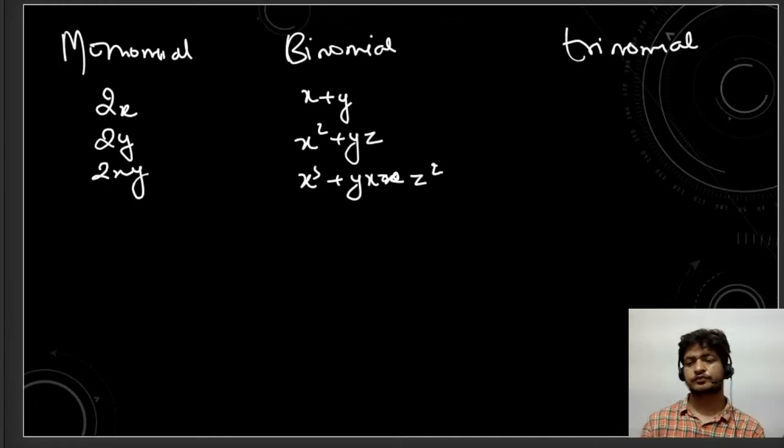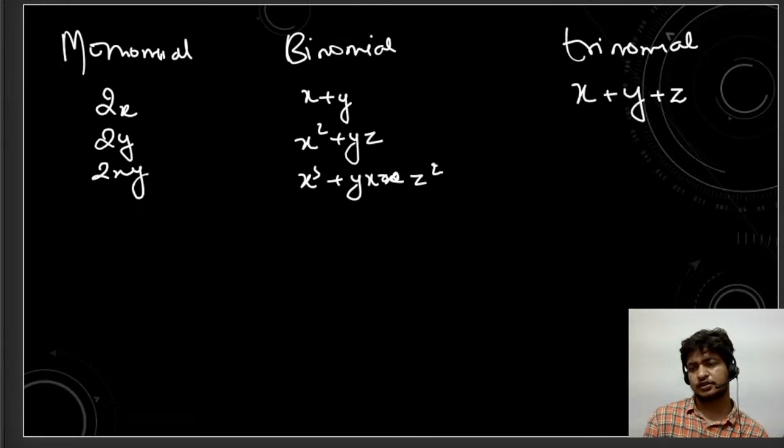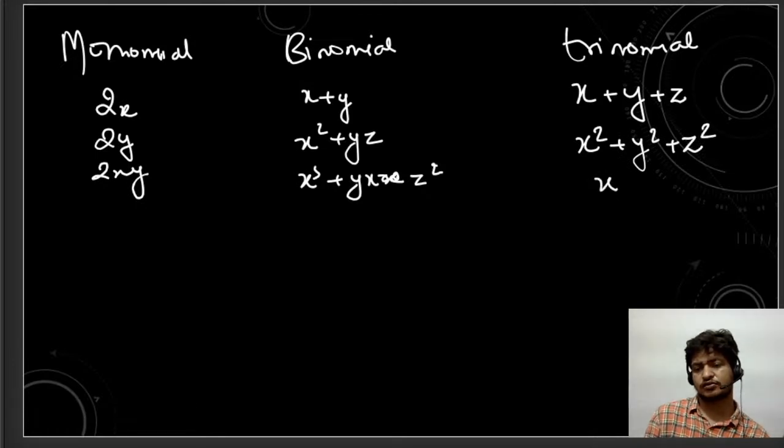Now, if I discuss trinomial, we have three terms here. The first one will be written as x plus y plus z. The second one can be written as x square plus y square plus z square. The third one can be written as x square plus 2x plus 3.